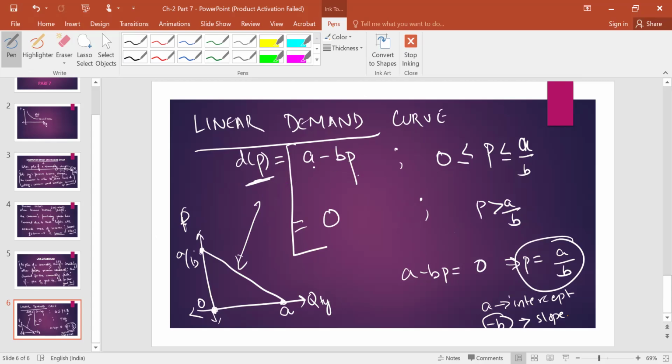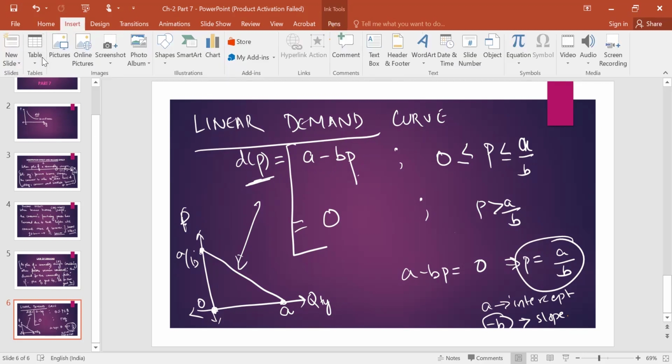Because if we are calculating a change in this demand function, the intercept would cancel out. What will remain? The change in P is one, so the change in demand would be minus B. Similarly, if the price of the good increases by 2 units, the demand of that commodity would fall by 2B units. So that's about the law of demand.